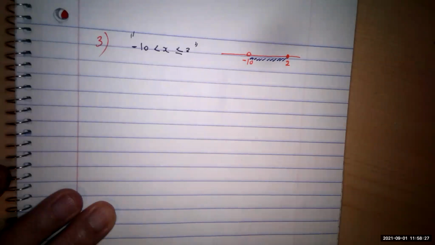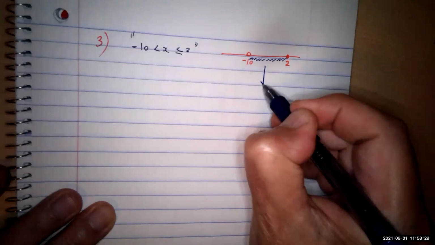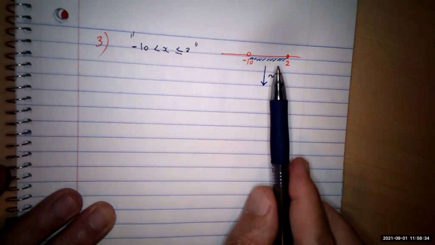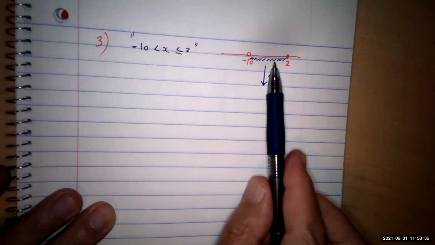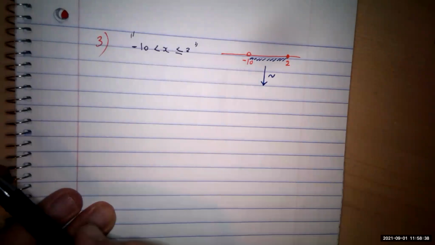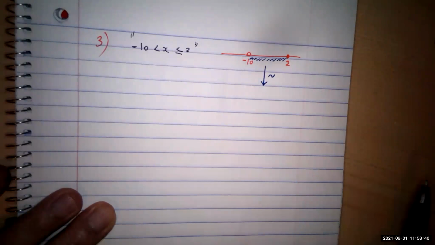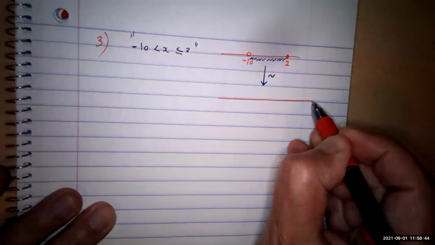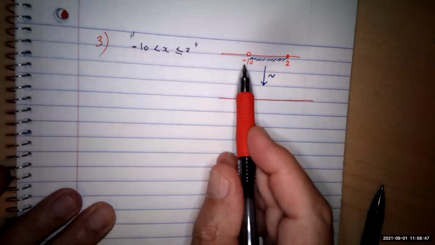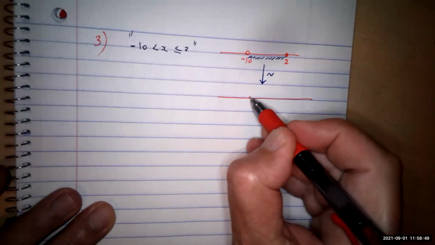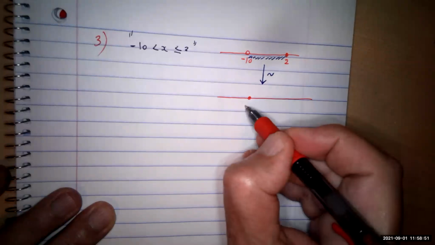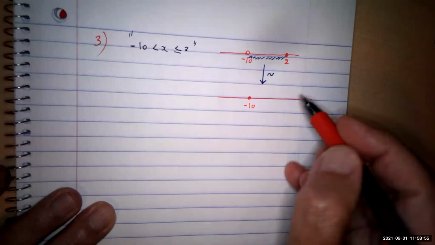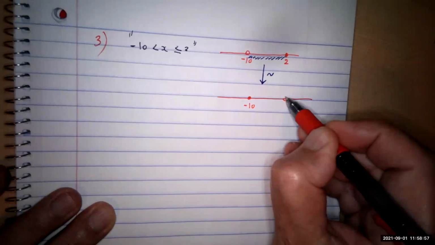If you want to find the negation, it means anything outside; the negation would be the leftover. You get this part here, where -10 has to be filled in because you don't have it in the original, and the 2 was solid, so you make a hole here.